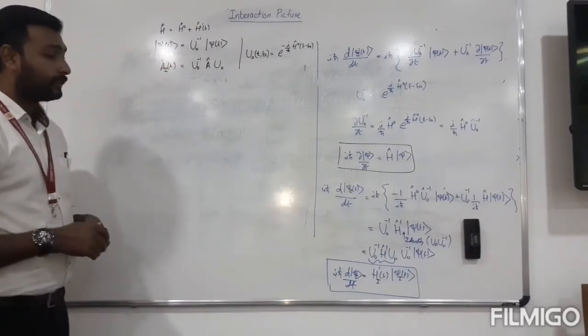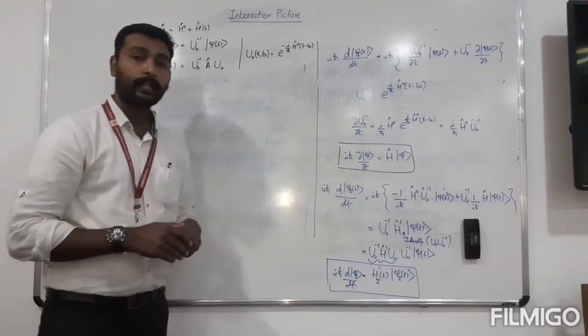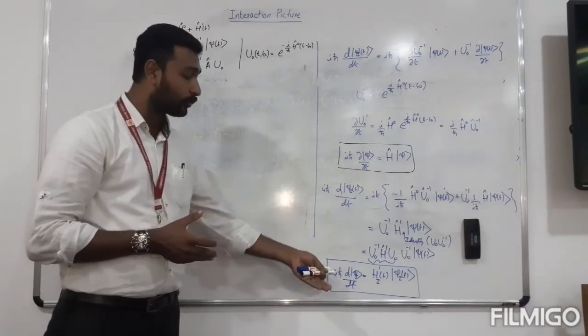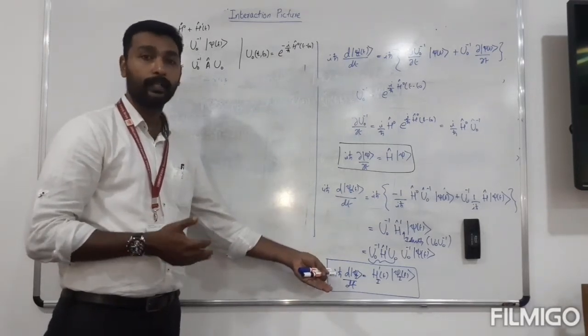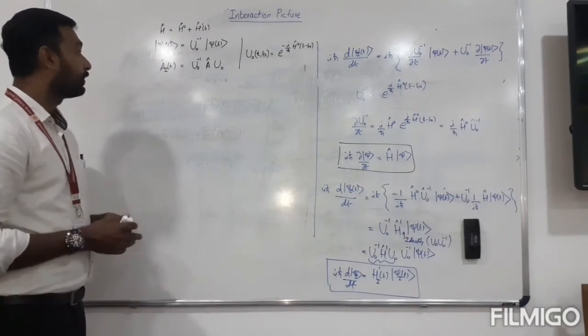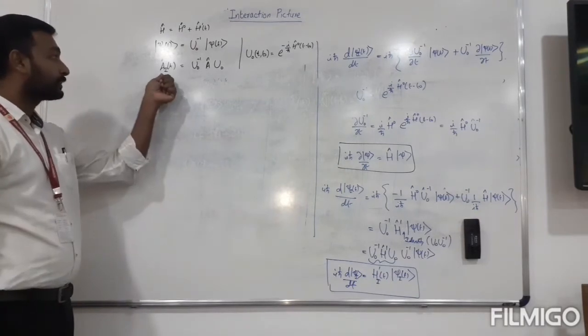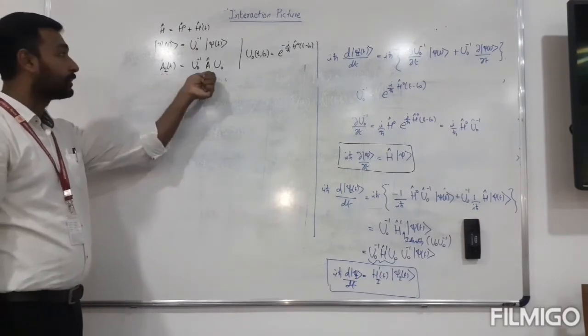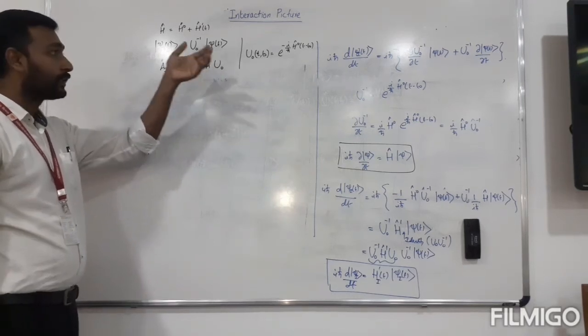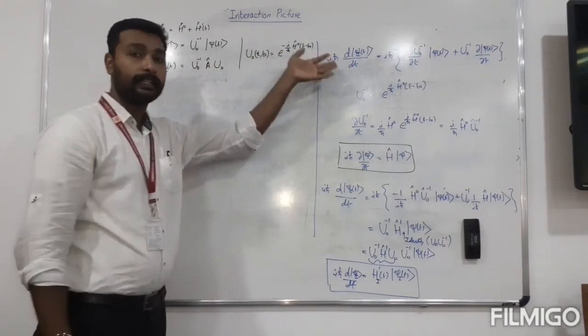Okay, so next we have to discuss what would be the time evolution for the operators. Similarly there will be some differential equation for the operator, because the operator is also a function of time in the interaction picture. The operator in the interaction picture is connected with the operator in the Schrodinger picture according to this form, U0 inverse A U0, where U0 is a unitary operator with H0 as a generator.